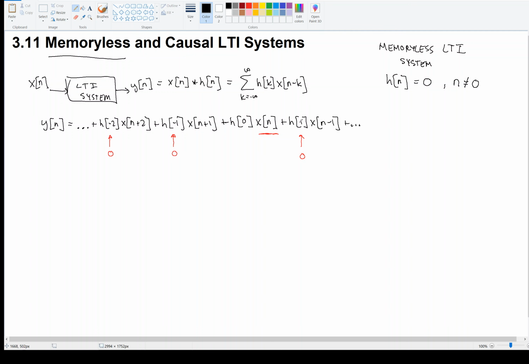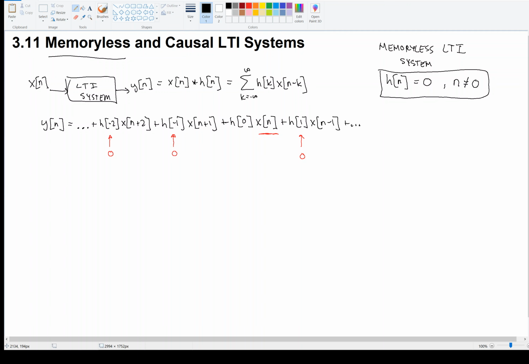H of 1 must be 0, h of minus 1 must be 0, h of 2 must be 0, h of minus 2 is 0. H of 0 can be non-zero, so that the contribution of x at the current time is allowed. That's fine. So this is the condition to be memoryless.